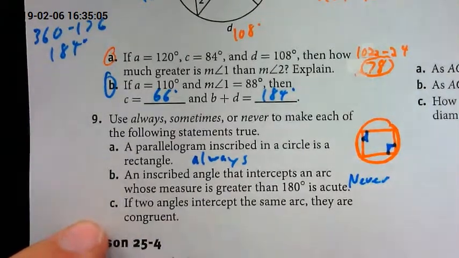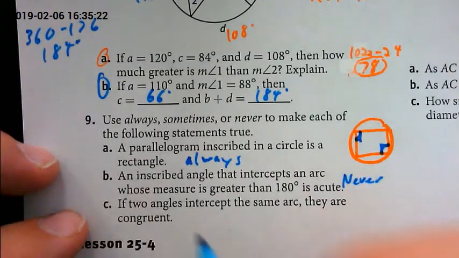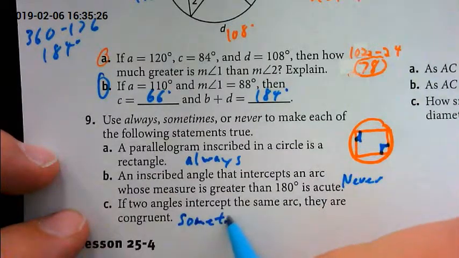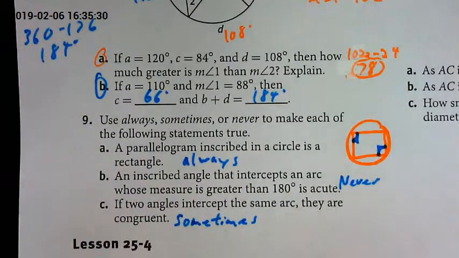All right, on C. If two angles intercept the same arc, they are congruent. I think that is true. They're going to the exact same arc. This is one of those tricky questions. Sometimes. There is a property that I had you guys write on your notes that is almost exactly like this, but it's missing a word.